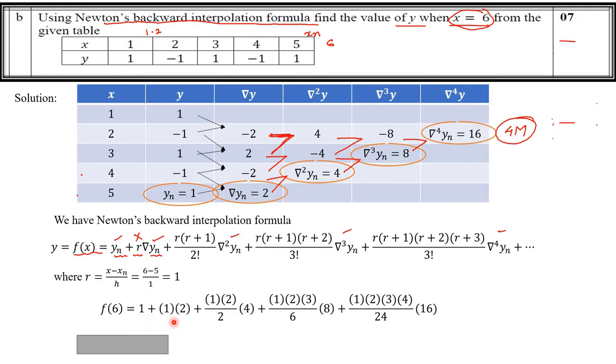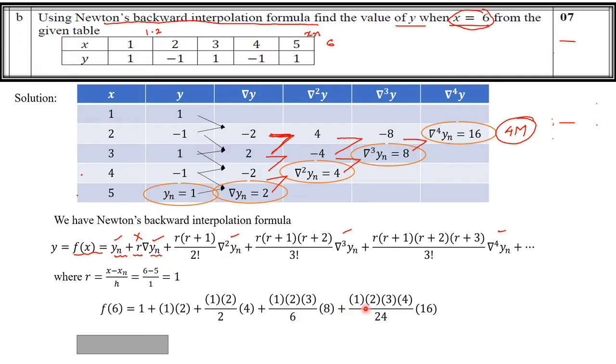f of 6, at x equal to 6. Yn is 1, the r value is 1, and nabla yn is 2. Here r into (r plus 1): 1 plus 1 becomes 2. 1 into 2 divided by 2 factorial is 2 into nabla square yn, which is 4. Again 1 into (1 plus 1) is 2, 1 plus 2 is 3, divided by 3 factorial is 6, into nabla cube yn, which is 8.